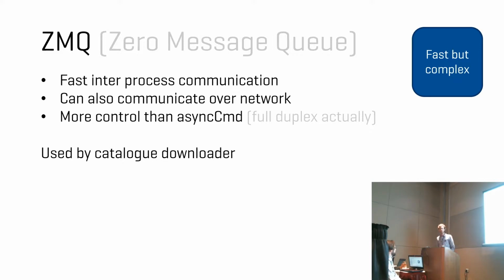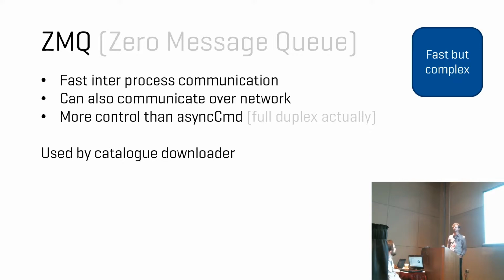This is used for the catalog downloader, which is used on every end-user machine where the products are being downloaded on the fly. And I think we have a pretty advanced implementation of it for the catalog system. But it is pretty much work, I would say, to set it up correctly.